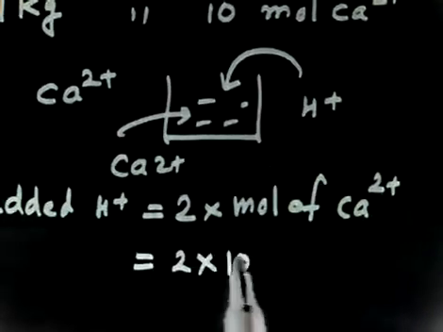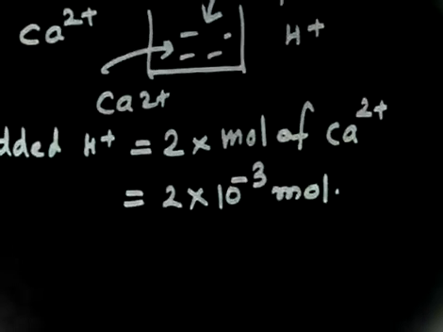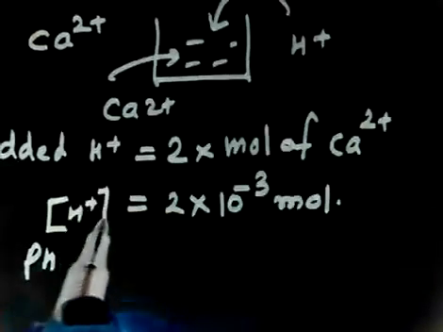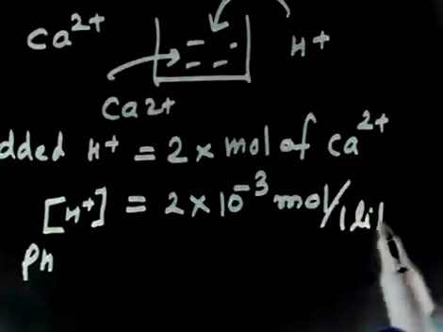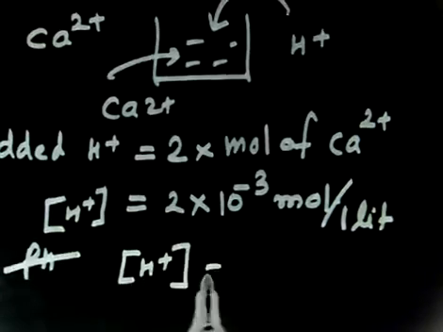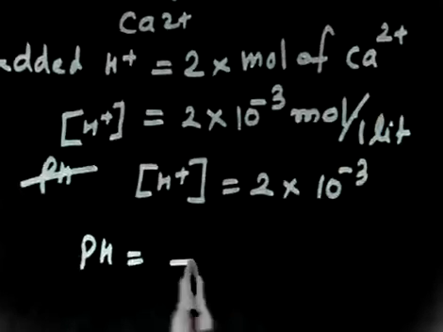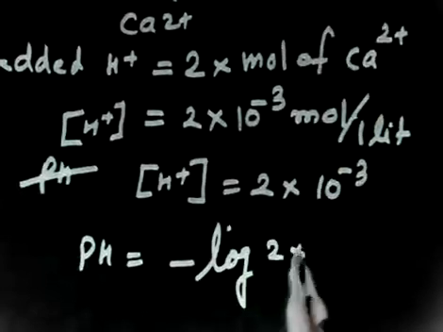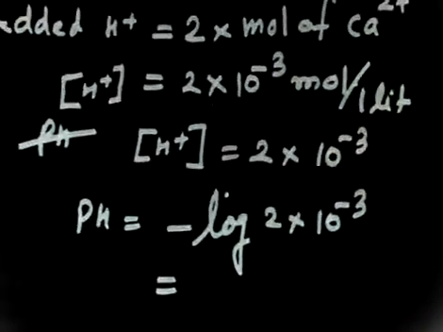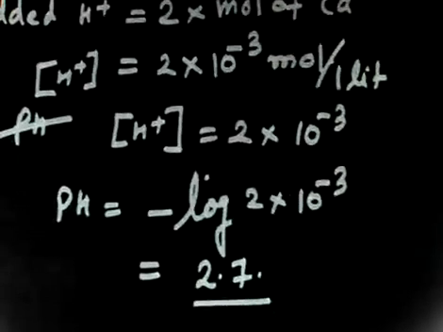So this is 2 into 10 to the power minus 3 mole. So 1 liter contains this. So what is the pH? This is the mole of H plus in 1 liter, so this is the same as mole per liter. So the H plus concentration is 2 into 10 to the power minus 3. So what is the pH? Minus log of 2 into 10 to the power minus 3. If you solve this, it comes out to 2.7. Okay, let us discuss the next problem.